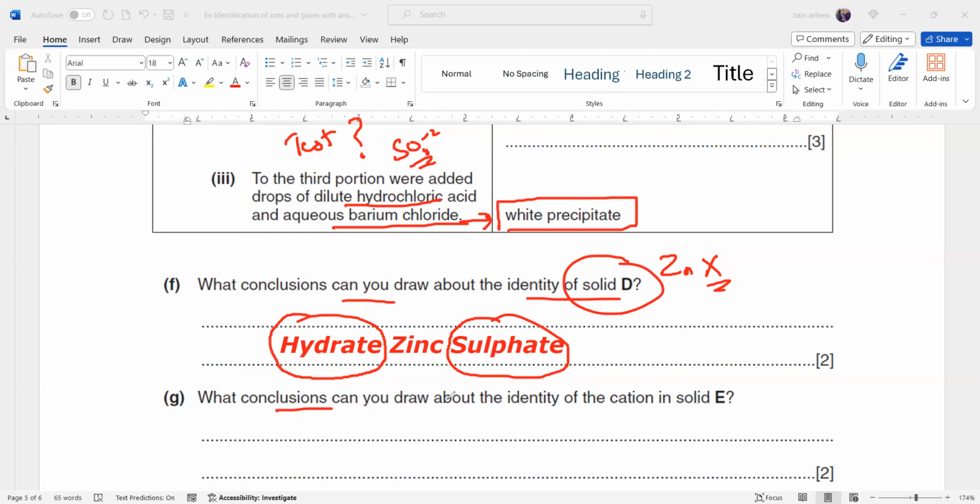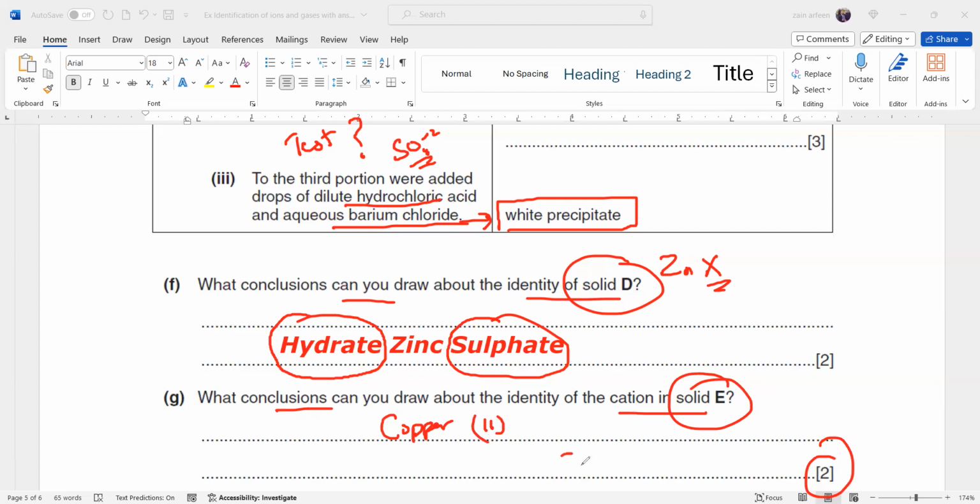What conclusion can you draw about the identity of the cation, the positive ion of solid E? Solid E was the first one we tested. First we add sulfuric acid and then we add sodium hydroxide. It was copper. But why is it 2 marks? Yes, transition metal is there. 1 mark is for writing copper and 1 mark is for writing the oxidation number.